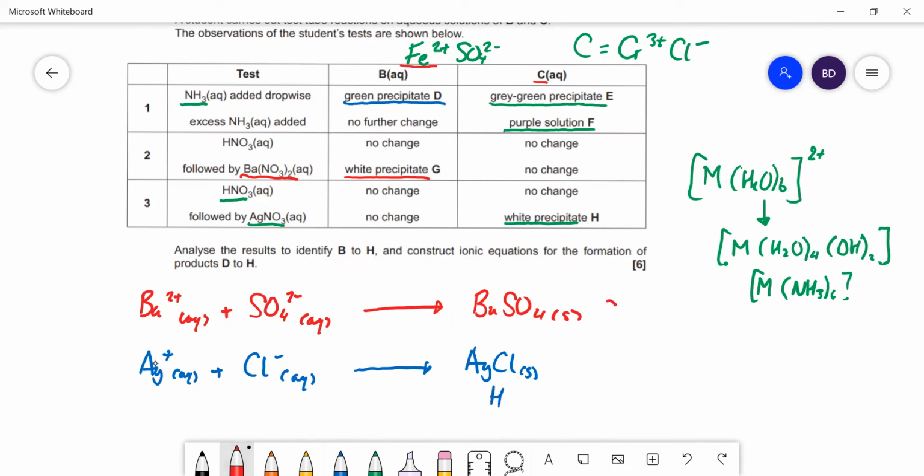This one here, this is G. Right, so we have to say what B and C were. B must have been an aqueous solution of iron sulfate. And C was chromium chloride. And that's that.